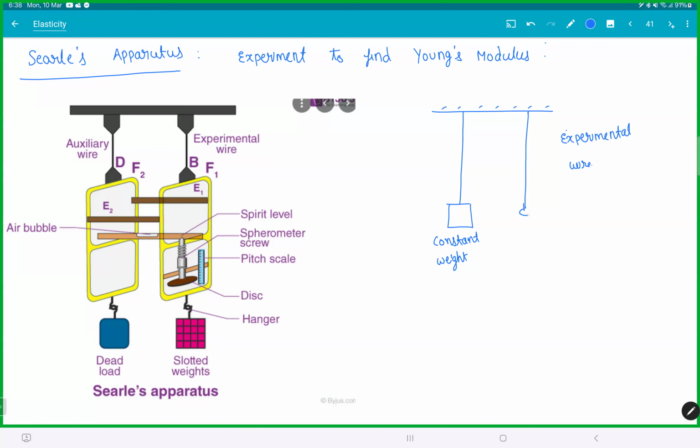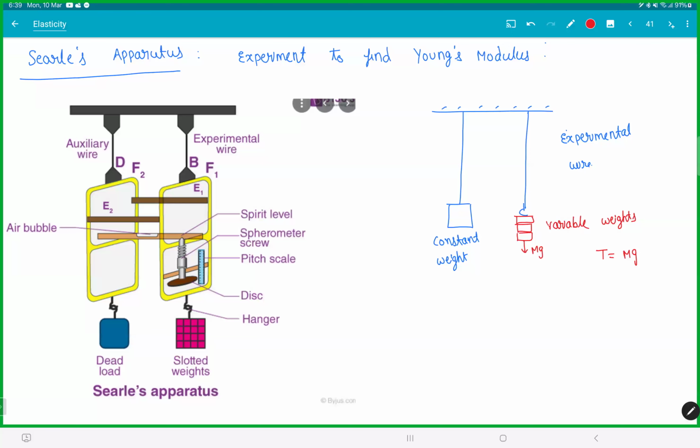And here we have this hook kind of thing, where you can keep on adding weights. So this is mg here. So we get the tension from here. By adding more and more weight, we can create tension there, and that's how you can vary tension.